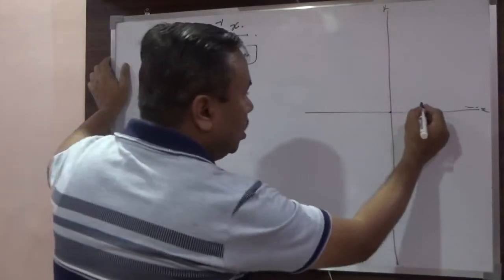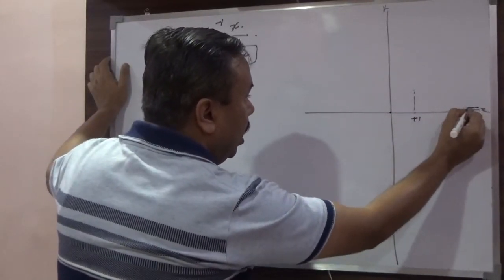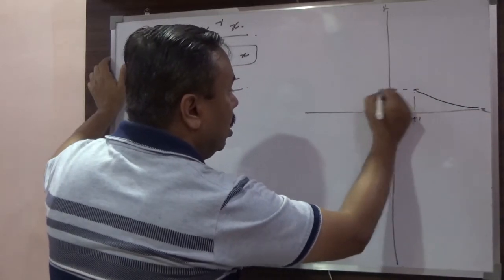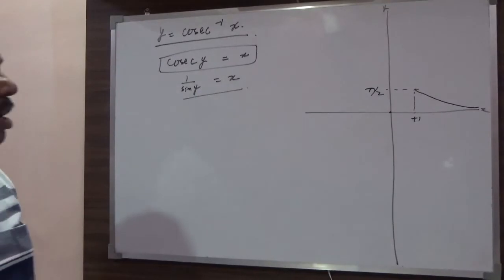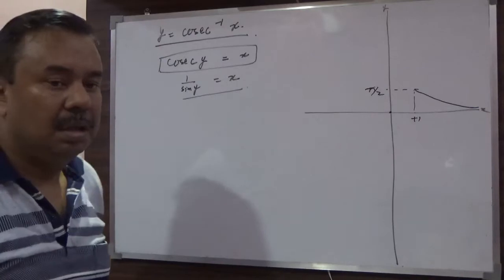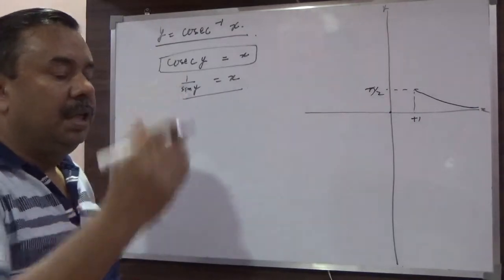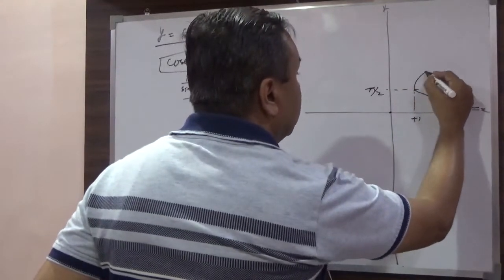So it is like this. This is the value plus 1, and it will go on like this at pi by 2. Similarly, as x keeps on increasing, its graph will be like this.